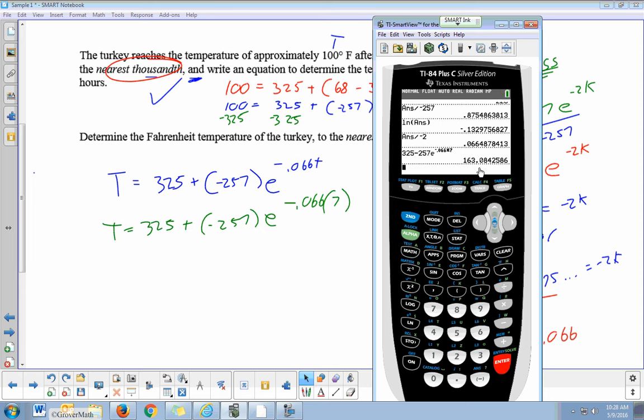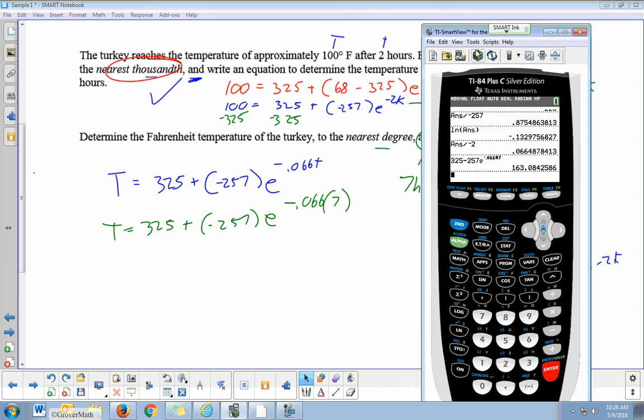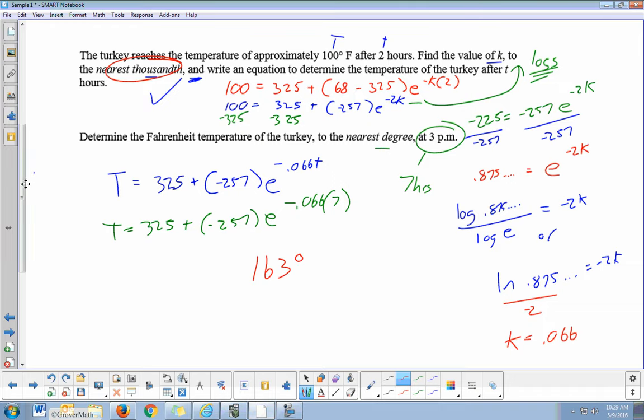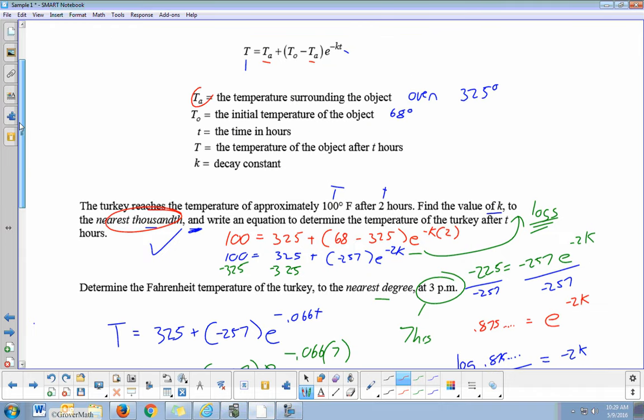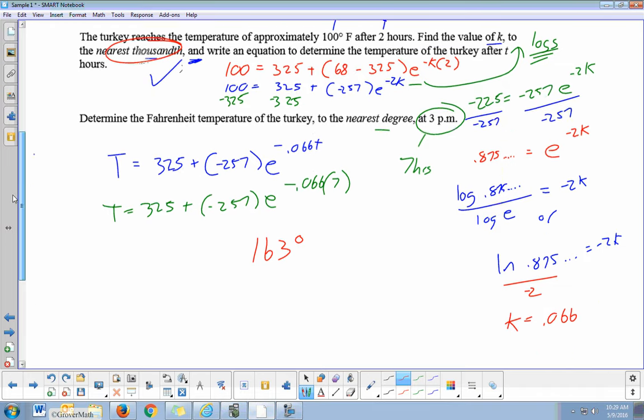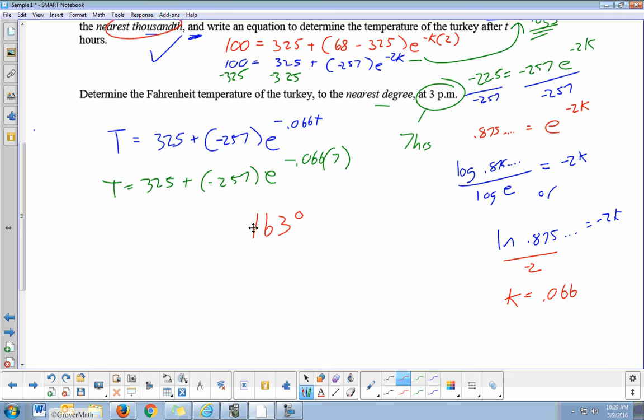We get 163 degrees, and we want to the nearest degree, so that is 163 degrees. And then, as always, we want to ask ourselves, does the answer make sense? An 83-degree turkey put in a 325-degree oven will get to a temperature of 163 degrees 7 hours later. Of course, the temperature is going up, so that's a good thing, and that's that.